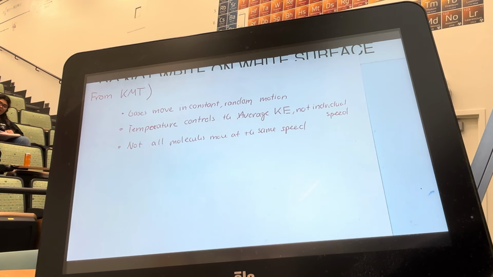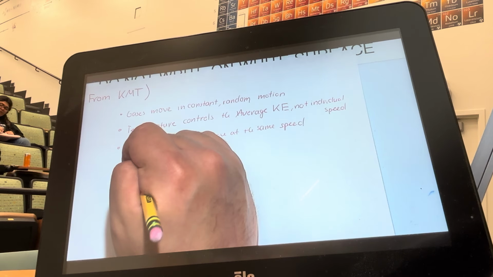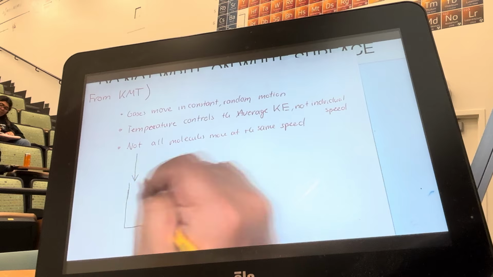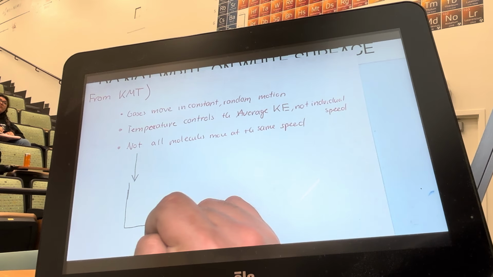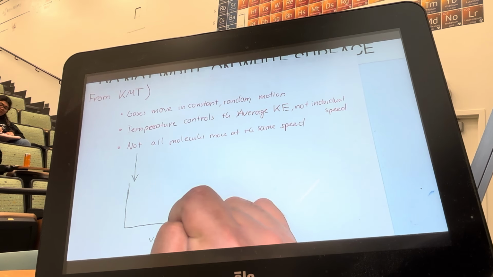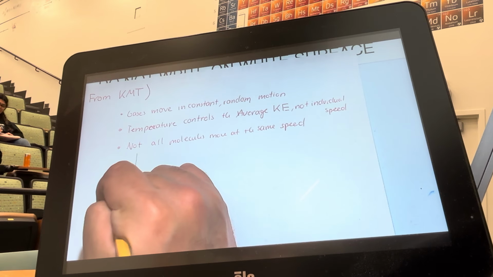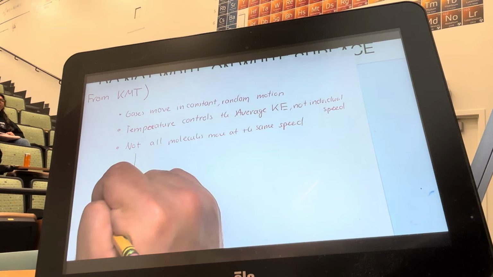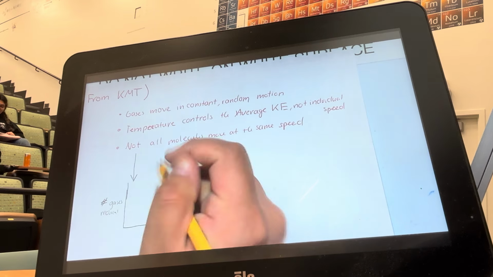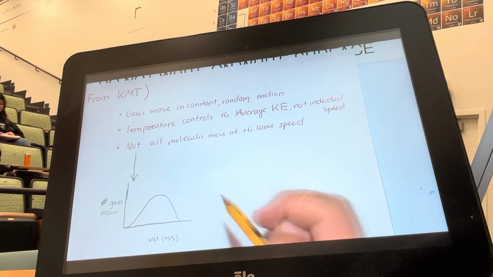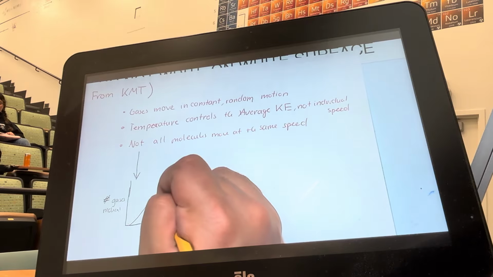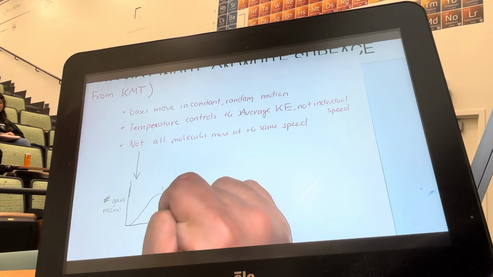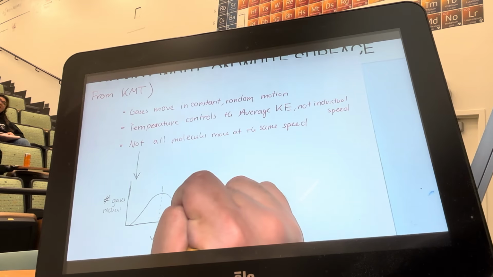And then we could extract from that even further, if we look at this visually, where this is velocity in meters per second, and this is the number of gas molecules, what we see is it looks more Gaussian. The peak, the topmost part here, is your average kinetic energy. That is what your equation is telling you.